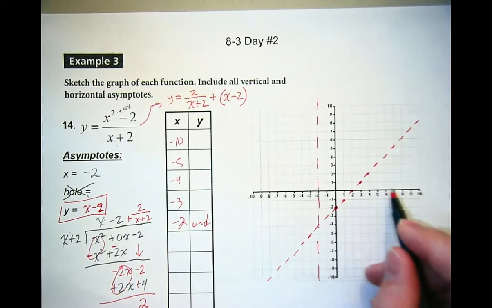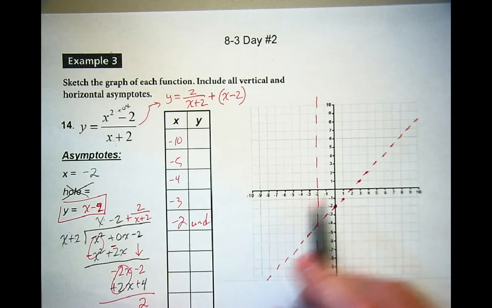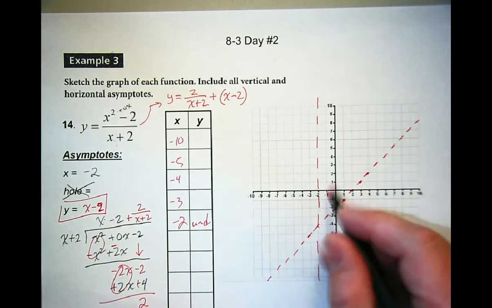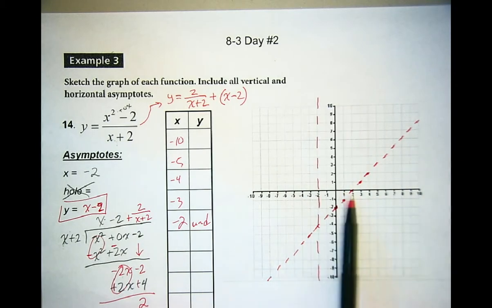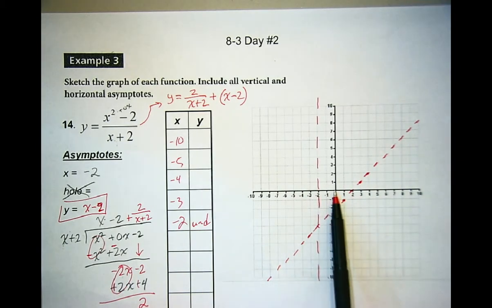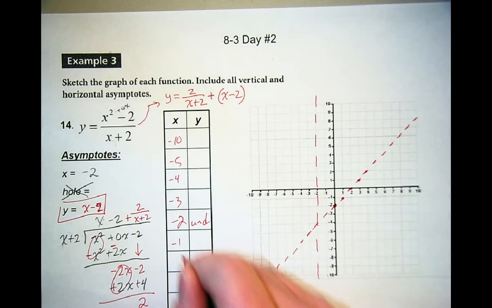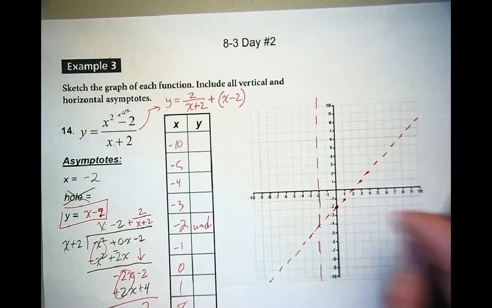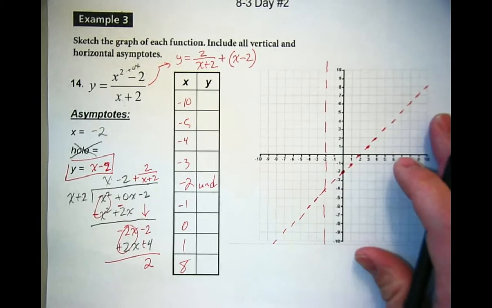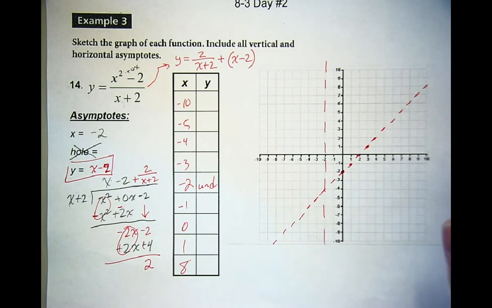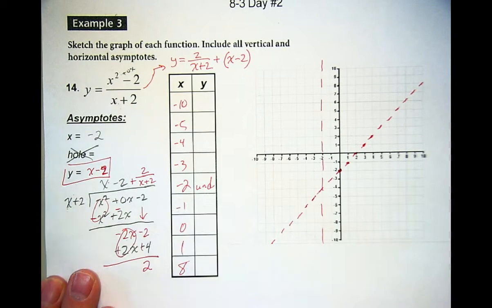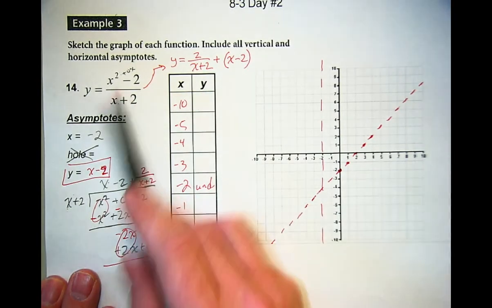And then over here, this graph on top, we've got to see, well, over here are maybe like -1, 0, 1, 2, and then maybe way down here again, like at 8 or 9 or 10. I'll use 8. And then you may have to add some points from there. Okay? Which one do you want to put it into? Probably this one. You could put it into either, I guess, but this one looks a little easier to deal with.